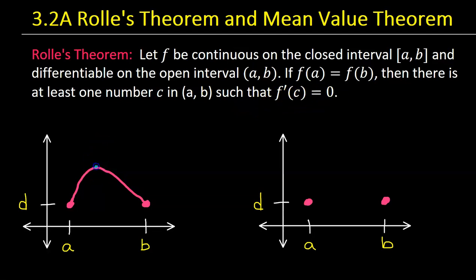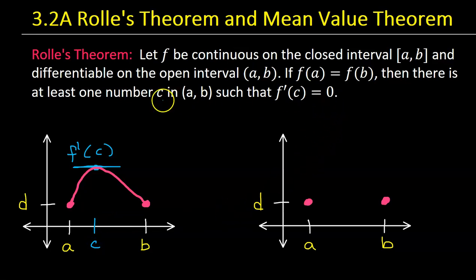Remember, the derivative is the slope of the curve at this particular point. So we're saying somewhere between a and b, there's going to be a point where the slope of the tangent line is 0. All right, and we'll call that c.